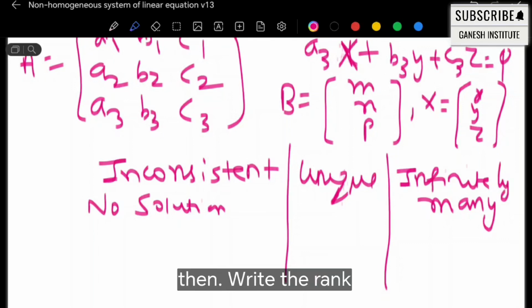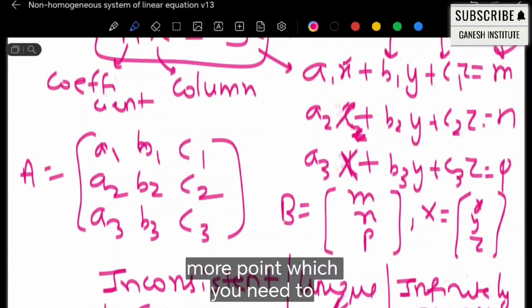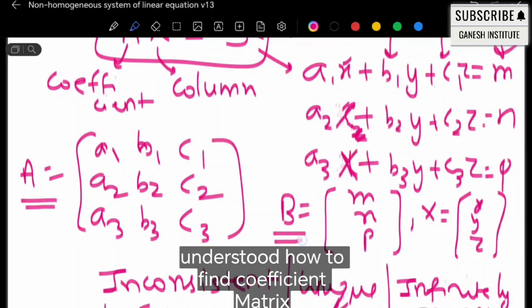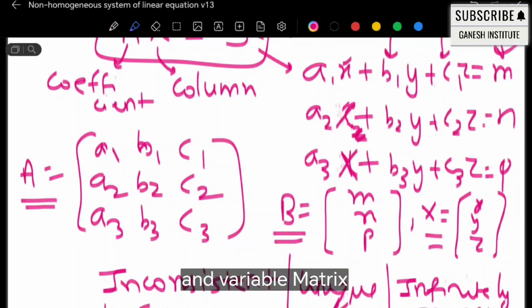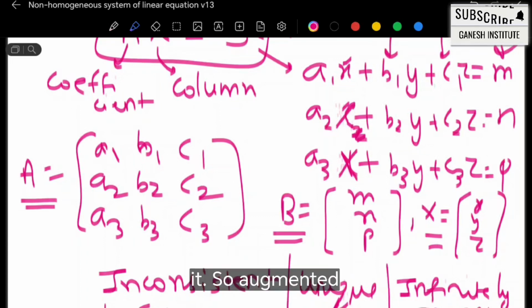Now there is one more point which you need to understand. We have understood how to find the coefficient matrix, variable matrix and constant matrix. We need to make an augmented matrix out of it.